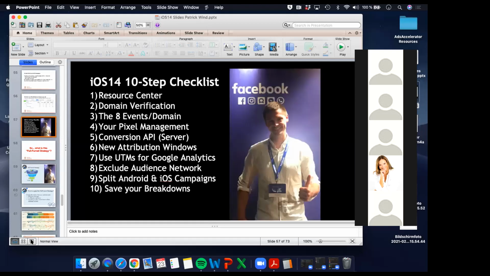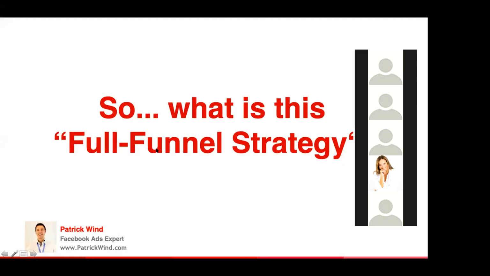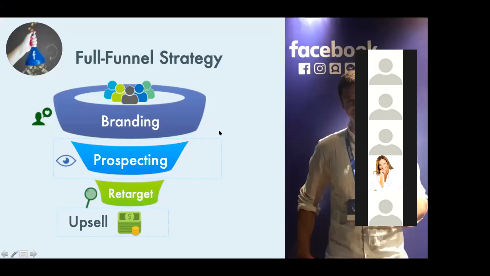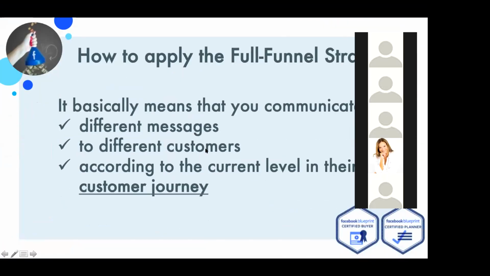So we have summarized already the 10 steps that I recommend you to really realize in your ad account. But how are we going to apply this great full funnel strategy to this new environment? First of all, what is this full funnel strategy actually? It basically says that you communicate different messages to different customers according to their current level in their customer journey.